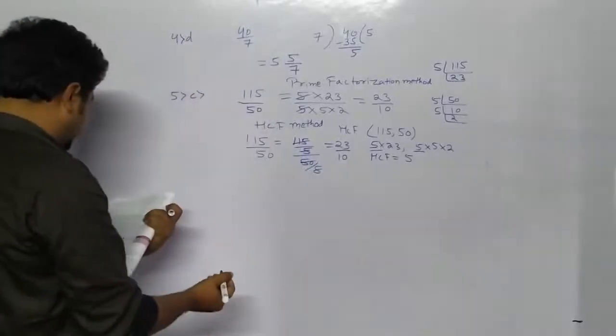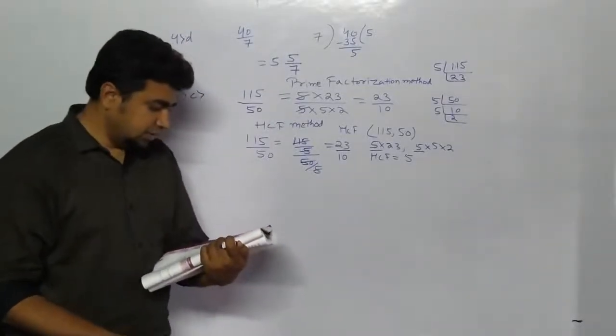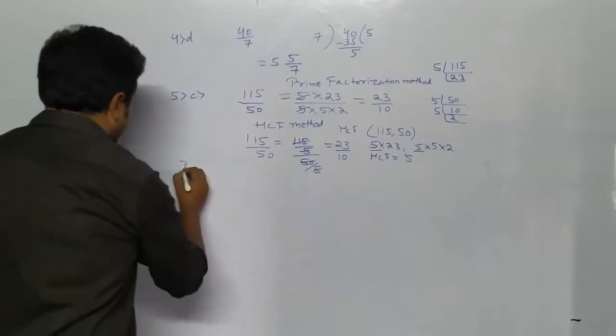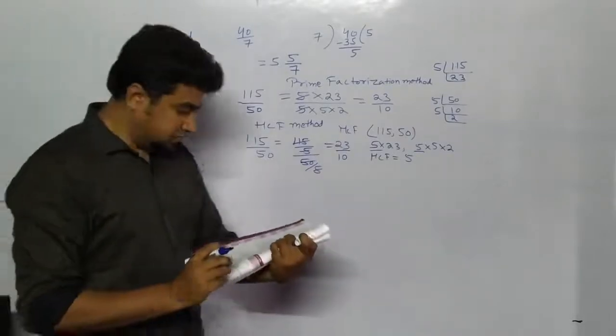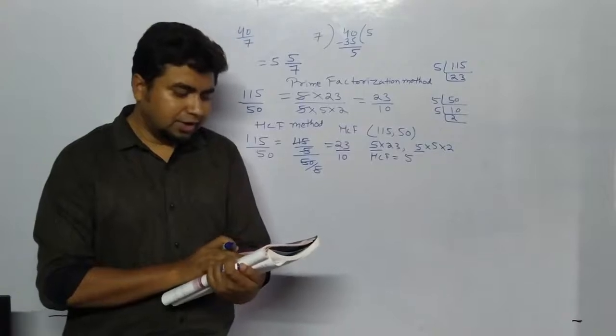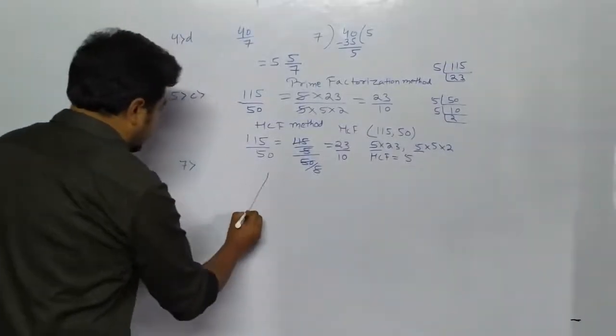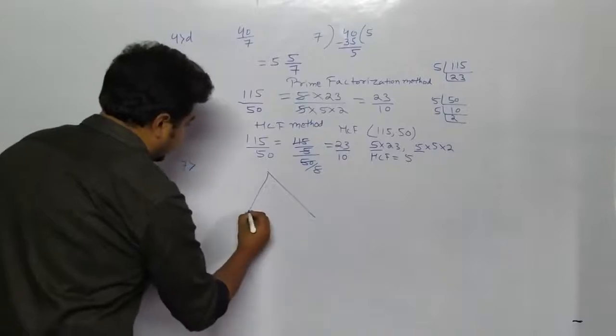This is 5-bit C. Now I will be discussing question number 7. Questions 6 and 7 are similar, so 7 I am going to discuss. Shade 1 by 2 of a triangle by dividing it into 4 equal parts. You can see the triangle I am making.